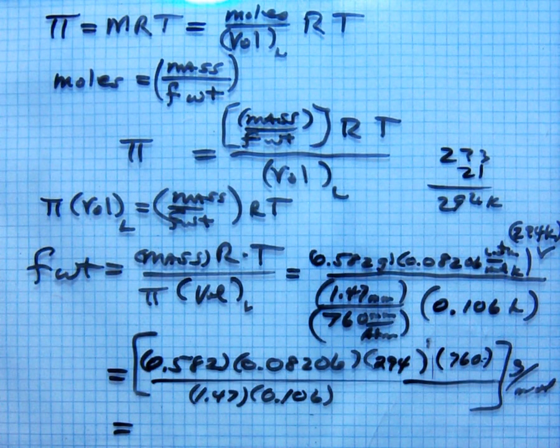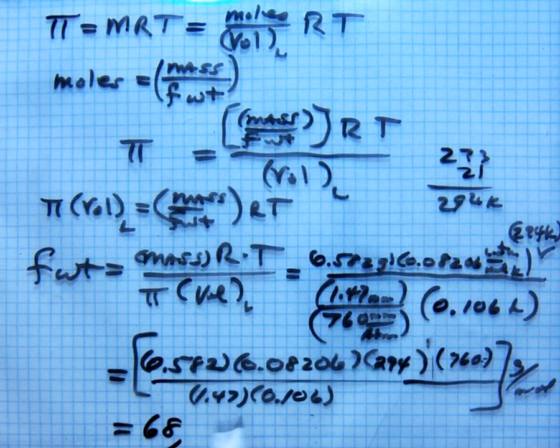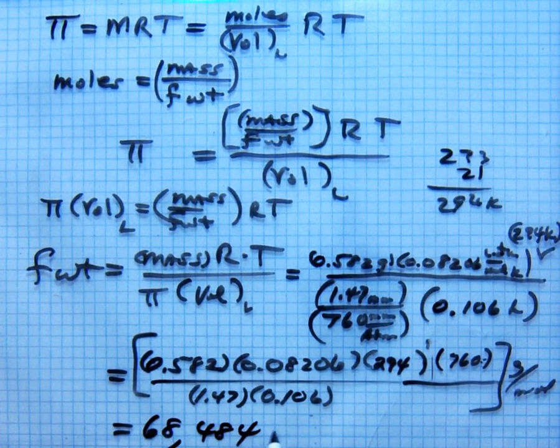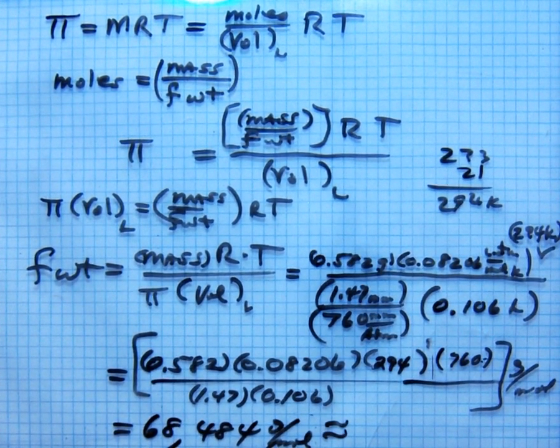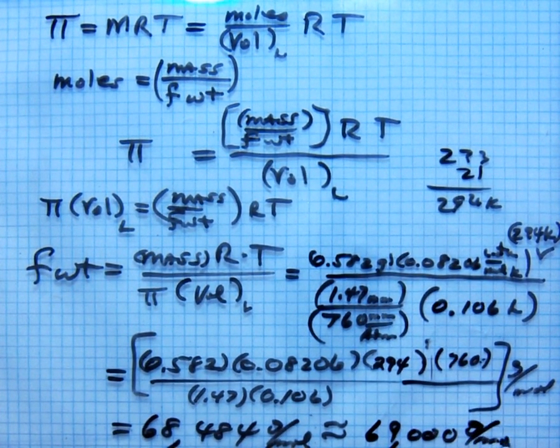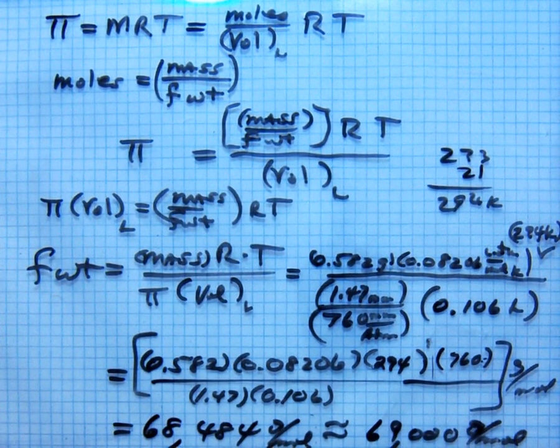Yeah, that's much better. 68,484 grams per mole, and you'd probably see it on the test rounded to probably 69,000 grams per mole based on a couple of sig figs or something like that. So whatever's closest to the answer that you get, you would select that one.